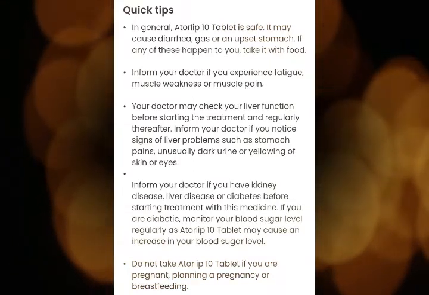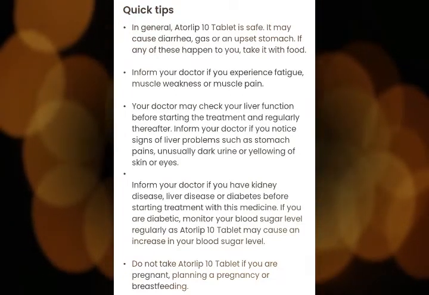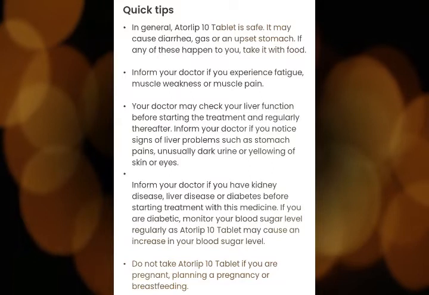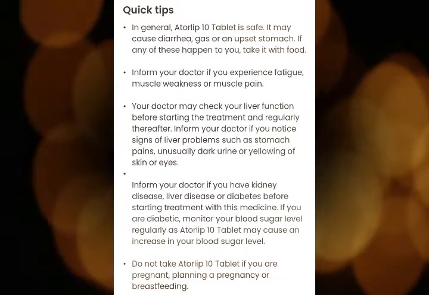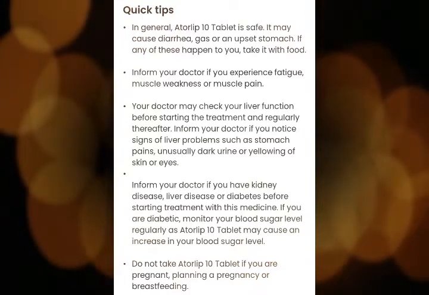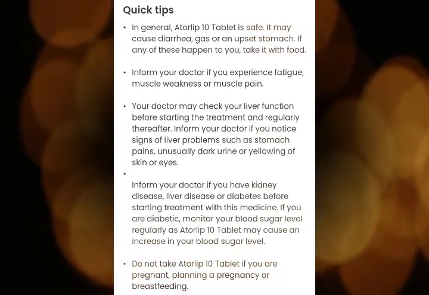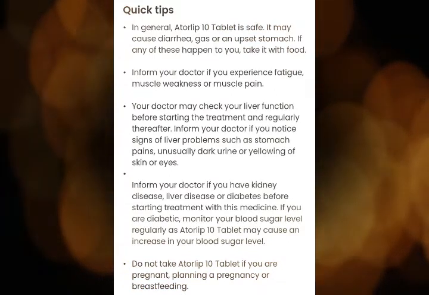The risk of hemorrhagic stroke was increased in patients who entered the study with previous hemorrhagic stroke. Atorvastatin was 2, versus 48 for placebo, HR 4.6, and the risk of ischemic stroke was similar between groups.